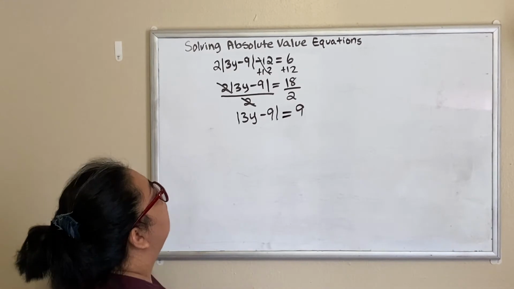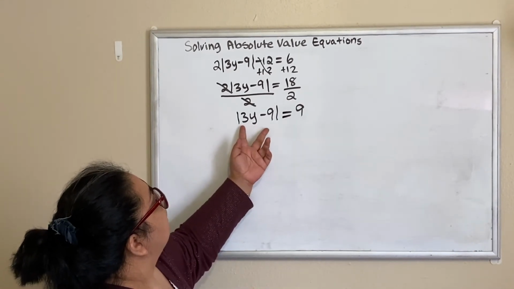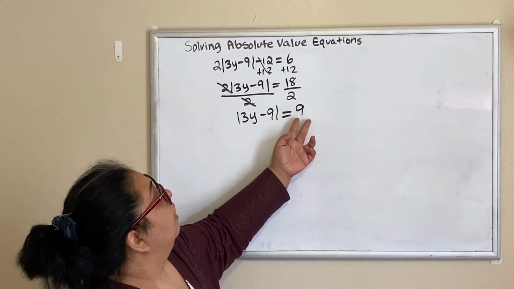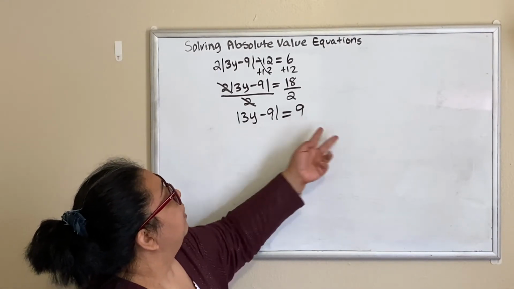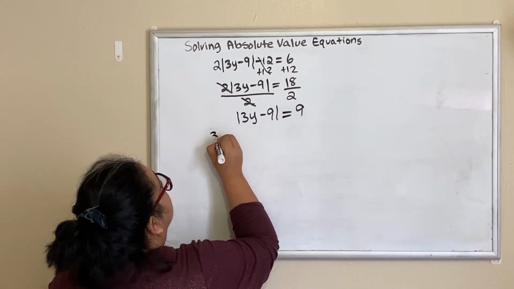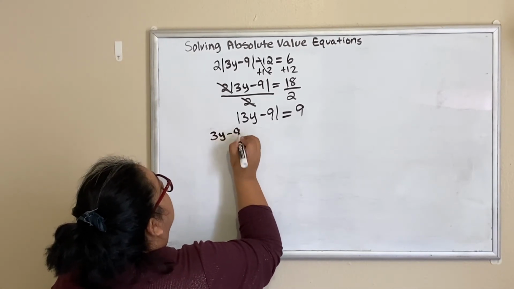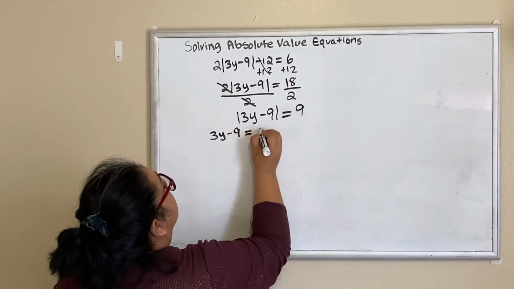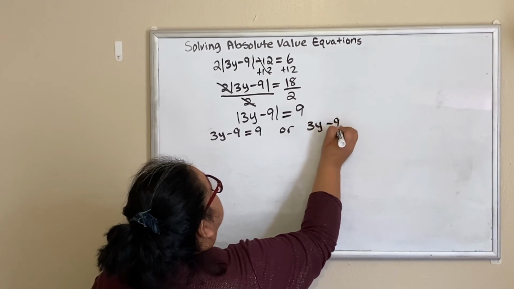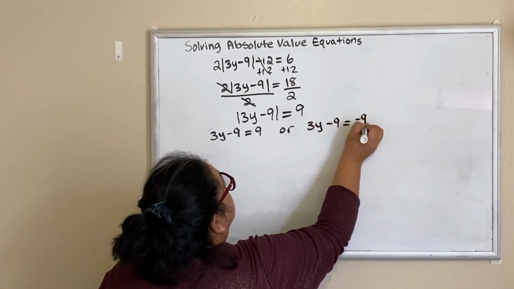So now my absolute value expression is isolated and it equals a positive number. If it equals a positive number, we need two equations. We need to remove the absolute value and say 3y minus 9, see, no more absolute value, equals positive 9, or 3y minus 9 equals negative 9.